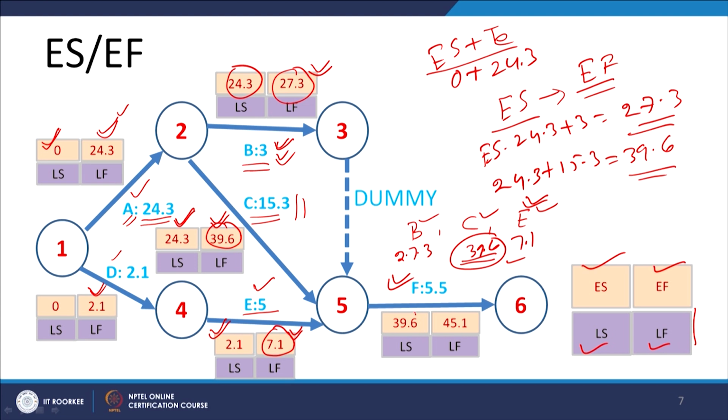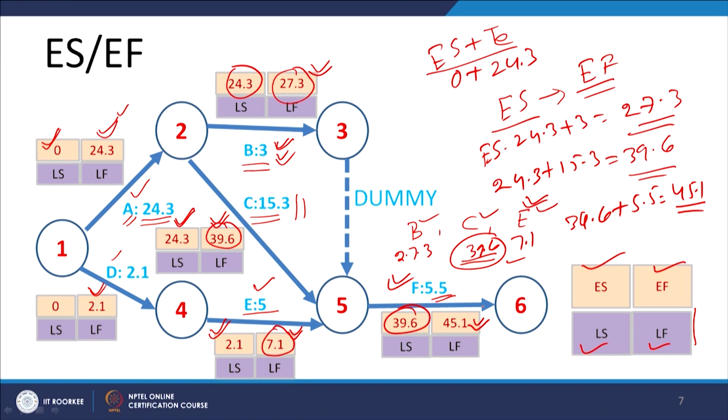This becomes the earliest start time for activity F, which takes 5.5 time for its completion. So, 39.6 plus 5.5 gives us 45.1 as the time to complete.